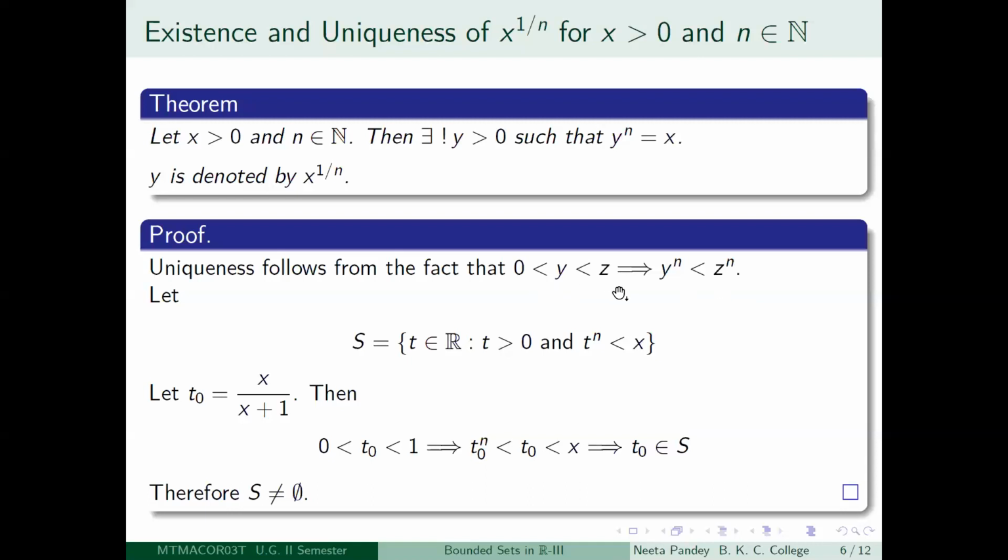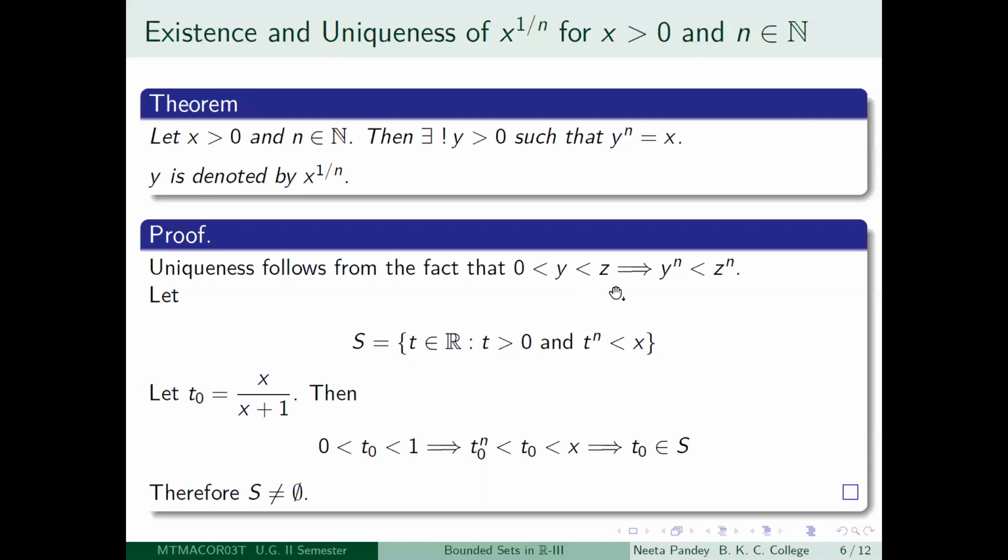So very simple algebra is telling you that if you take any two positive numbers y and z, if y is less than z, then y to the power n is less than z to the power n for any positive integer n. So therefore, you don't know whether you will get it, but suppose you get y to the power n is equal to x, then no other z will satisfy the property that z to the power n is also equal to x.